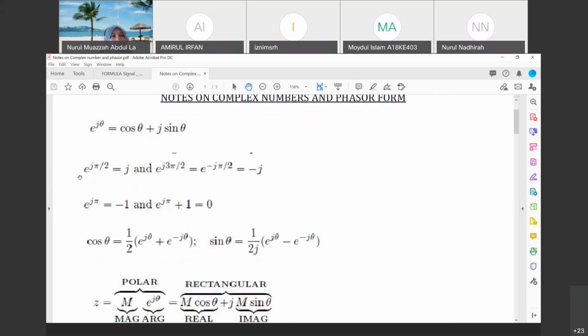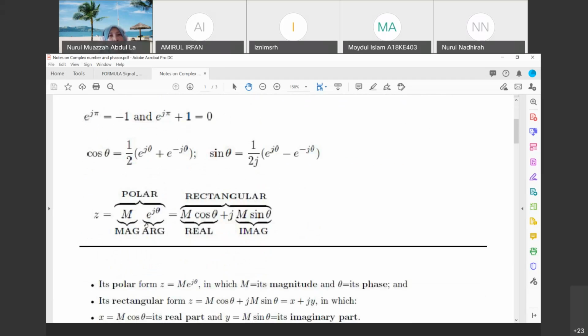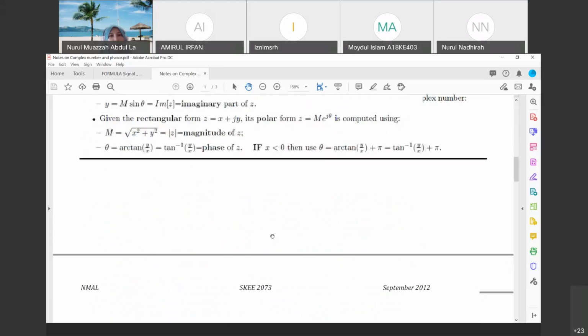Like I said before, when you see j, you actually can change it into exponent j pi over 2, or exponent j 3 pi over 2, because the phase can repeat itself. And exponent j pi is also equivalent to -1 and vice versa. Recall back your memory on the polar and rectangular number. So you can see the examples.